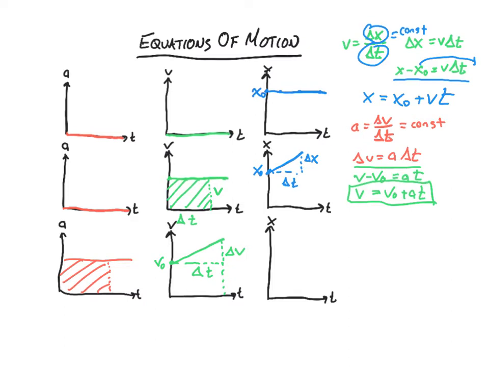Okay, now what about x? For x, it's a little bit complicated because v is changing in time now, right? So now delta x over delta t isn't constant. So what is it doing? Well, in time, v is increasing. So let's say we split this up into a bunch of small time intervals, and each one of these is a small delta t.